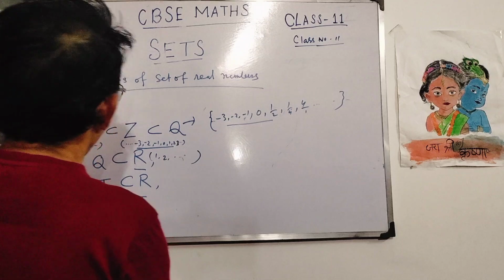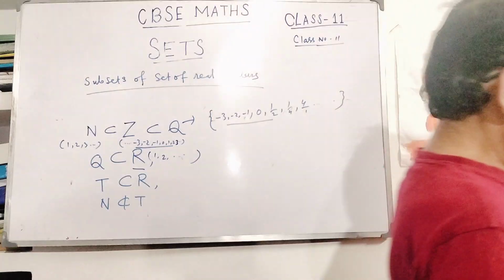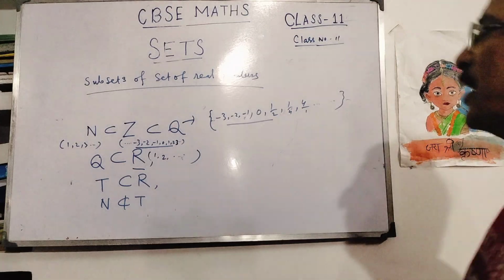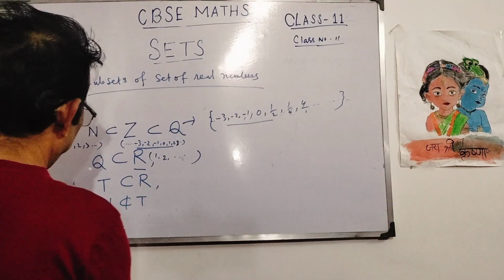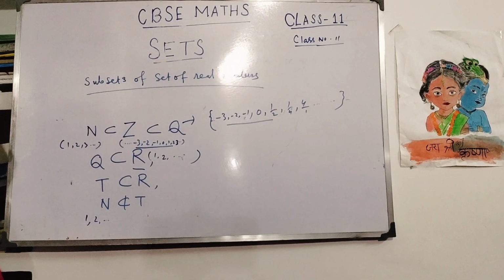Why? Here N means the set of natural numbers: 1, 2, 3, 4, 5. These are natural numbers.